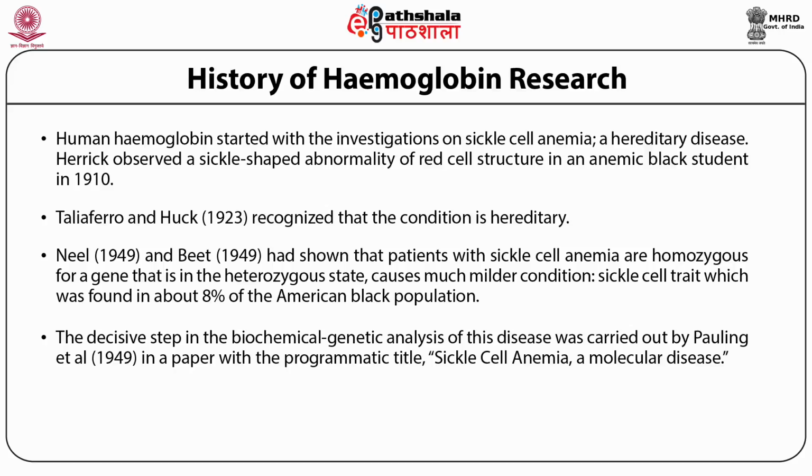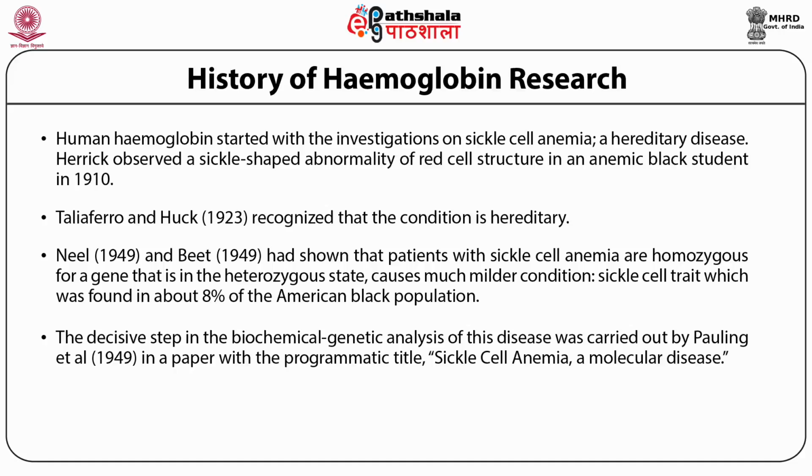In accordance with the state of methodology for protein analysis at that time, these investigations were performed using Tiselius moving boundary electrophoresis. The results concluded that a significant difference exists between the electrophoretic mobility of hemoglobin derived from erythrocytes of normal individuals and from those of sickle cell anemic individuals.